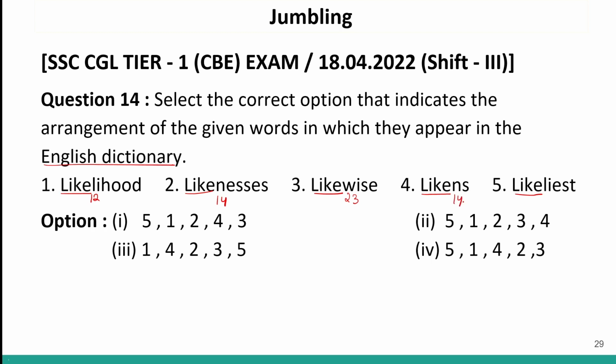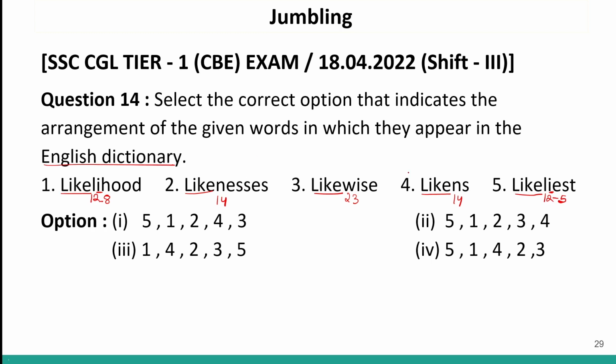N is at again 14th position and L is at 12th position. So, comparing likelihood and likeliest, I can see the next letter I is also same. So, we will move forward. We will go to the next letter after I. After I, we have H over here. And H is positioned at how much? 8, right? And over here, we have after I, we have E, which is positioned at 5.